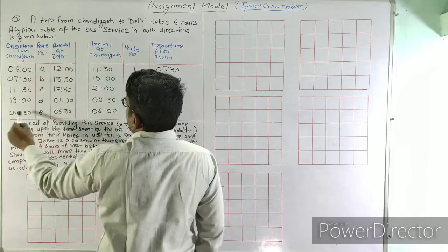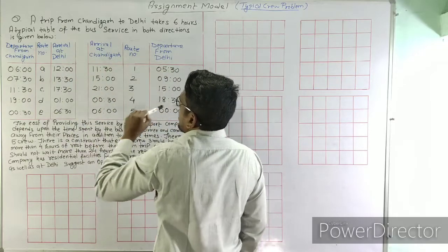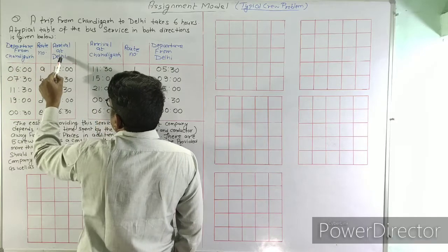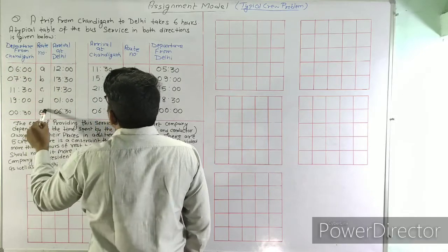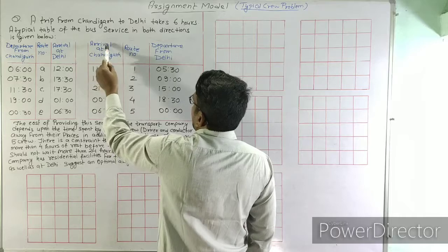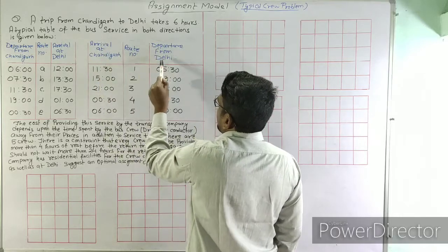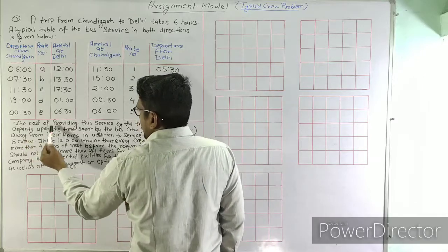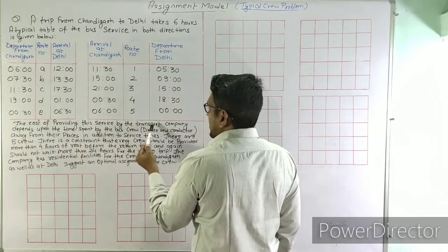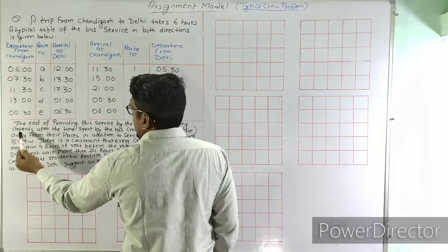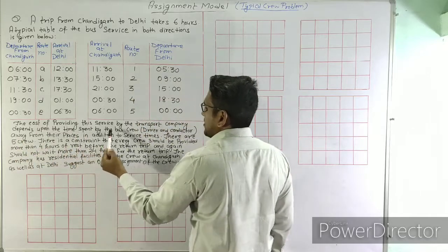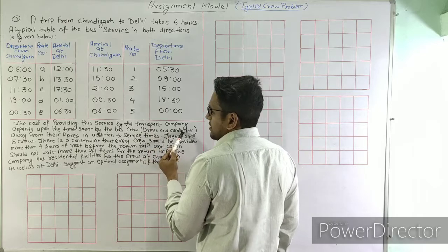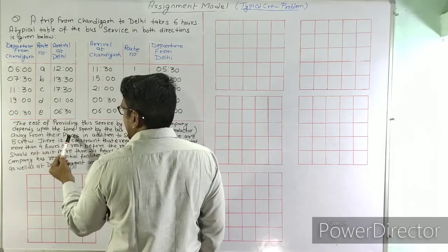These are the two tables given: departure from Chandigarh, arrival at Delhi, and the routes. Similarly, arrival at Chandigarh, departure from Delhi, and these are the routes. The cost of providing this service by a transport company depends upon the time spent by the bus crew, that is driver and conductor, away from their places.